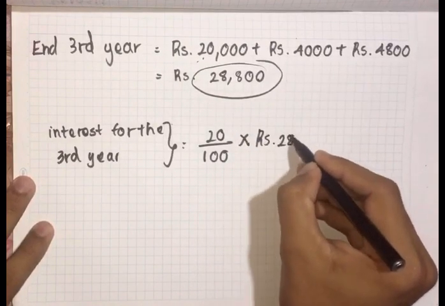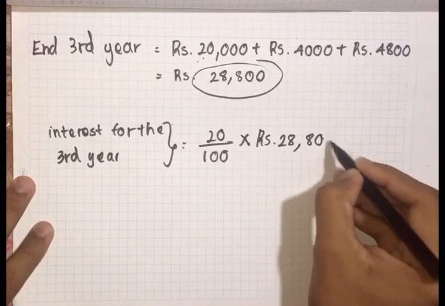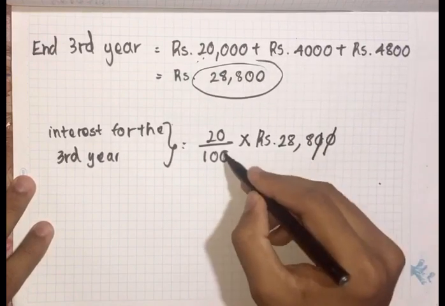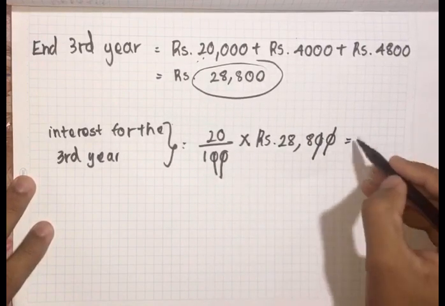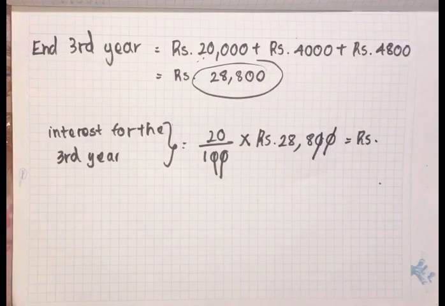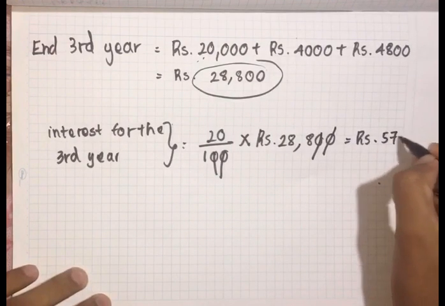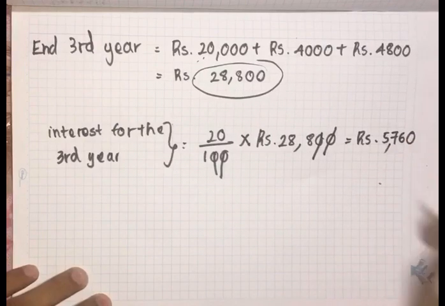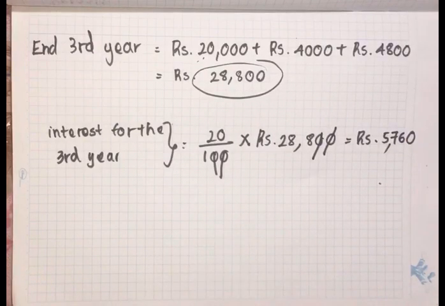That is 28,800. So you cut the zeros and then you multiply. 288 times 2 gives 576 and a 0. This is the interest during the third year.